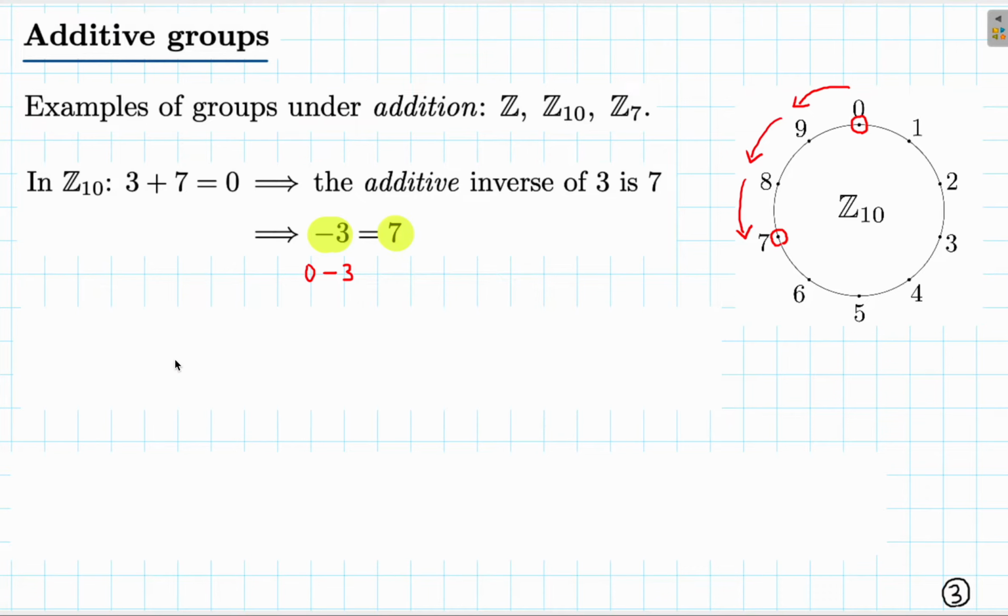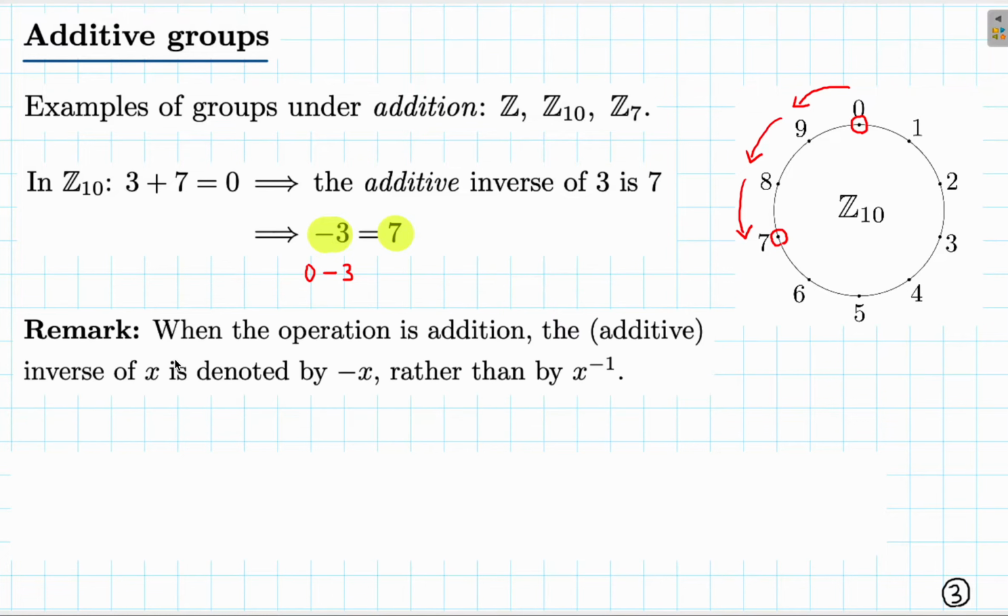Now, I'd like to highlight something a bit more general from this example. When the operation is addition, we talk about inverse elements. They're additive inverses. And we would denote additive inverses using the minus sign, -x, rather than x to the -1.